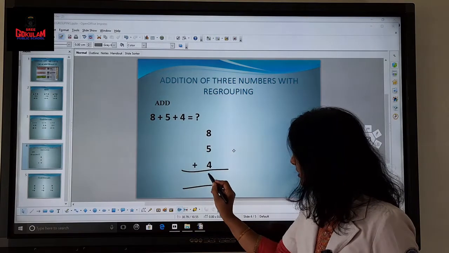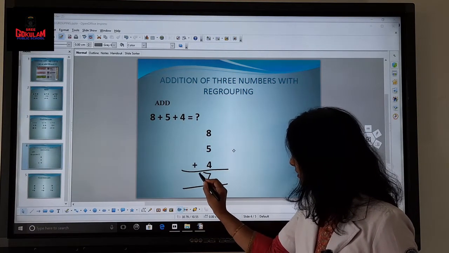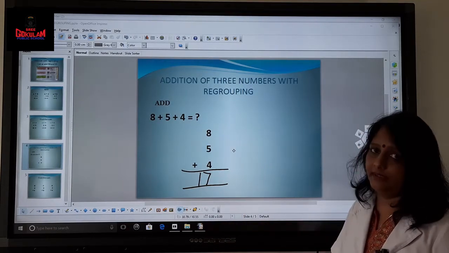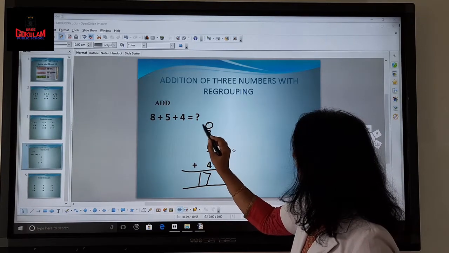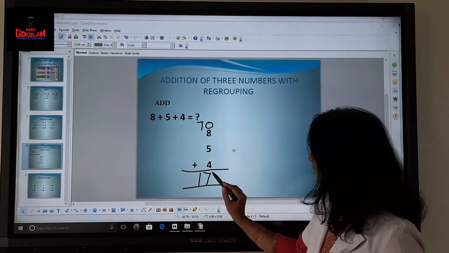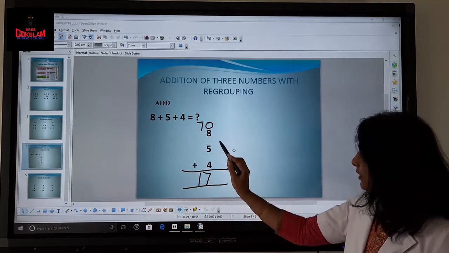How do we write 17? 7 in the ones place and tens place 1. So, this is the answer 17. If you write ones and tens, here you can write ones and tens over here. So, in tens place, you have to write 1.